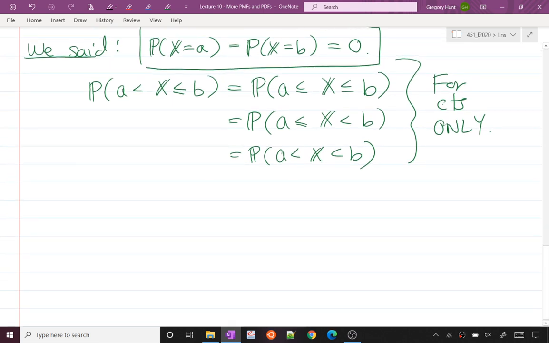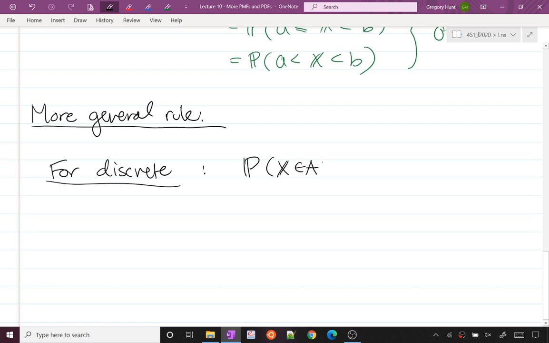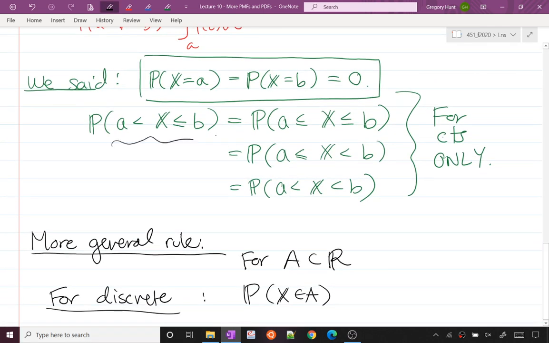This is part of a more general rule, which I've hinted at. Now, recall that for discrete, if I wanted to calculate the probability that my random variable is in some set A, where A is some subset of the real line, it could be an interval, like we had up here.